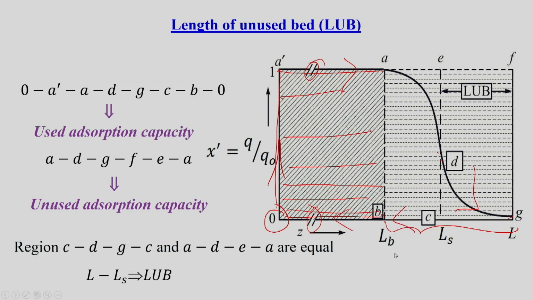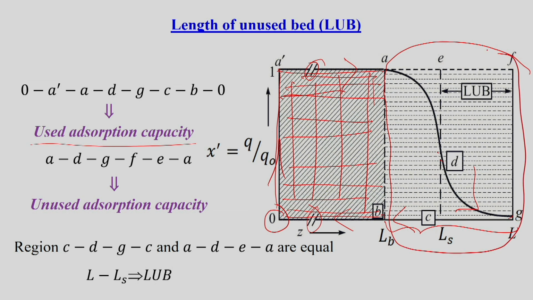So, this is the entire position of the adsorption system, where the used adsorption capacity will be like this, where the adsorption will take place like this, because in this zone there will be no adsorption since it is already saturated. Only in this zone, in some portions, adsorption will be taking place, in some portions it will be exhausted.